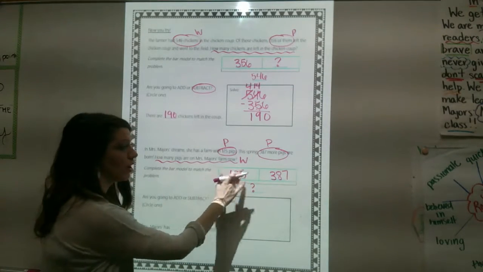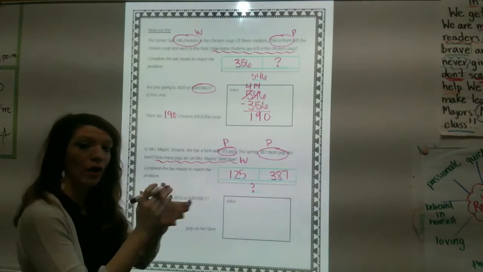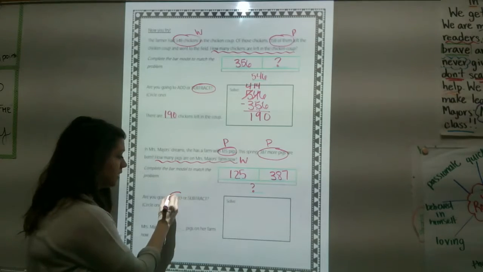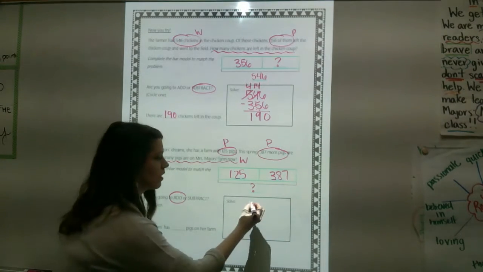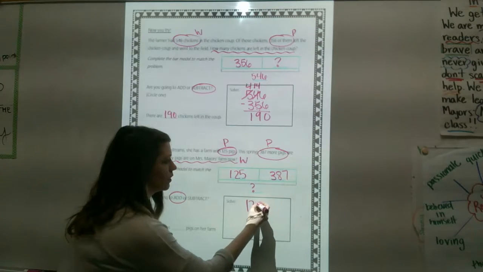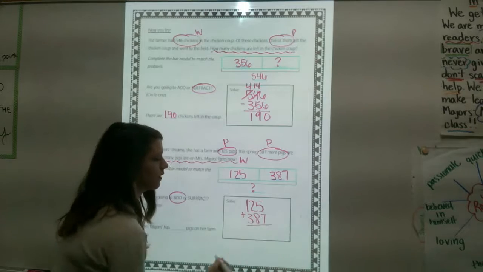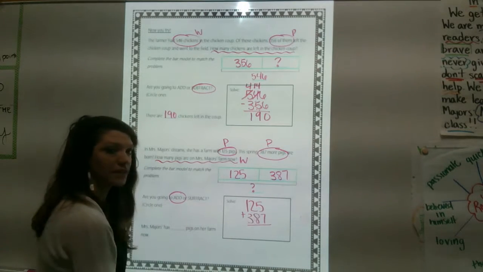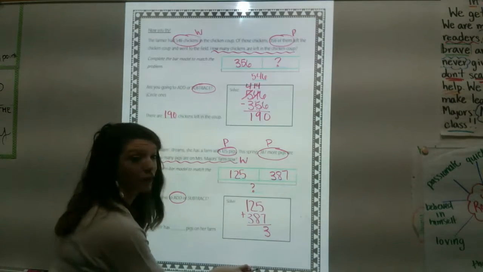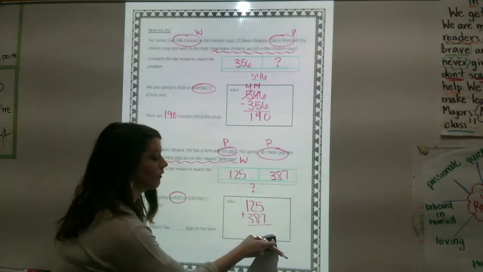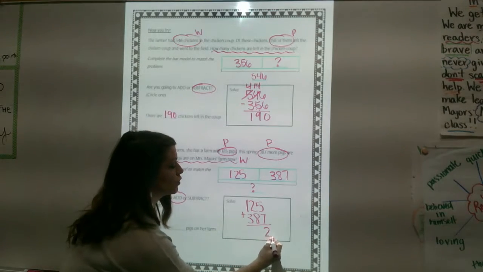So if I have a part and a part, and I need to find a whole, we do part, part, whole, which is addition. So when I add, it doesn't matter what order, 125 plus 387. 5 plus 7 is 13. No, that's wrong. I'm sure you guys caught that before I did. 5 plus 7 is 12.